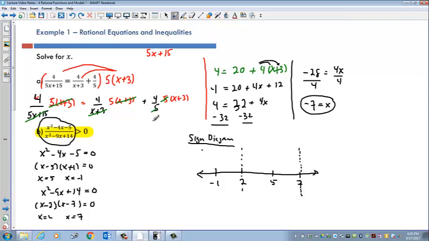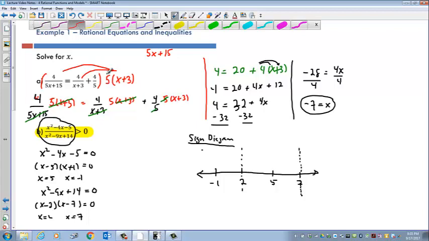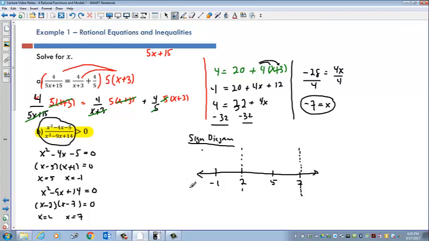Okay, so we need some test points. So let me find some test points here to figure out if it's positive or negative to the left or right. So probably here I'd pick negative 2 as the easiest test point. Here maybe I'd pick 0. Of course here would be 3. Here it'd be 6, just a point in between points like 5 and 7. And over here probably 8.